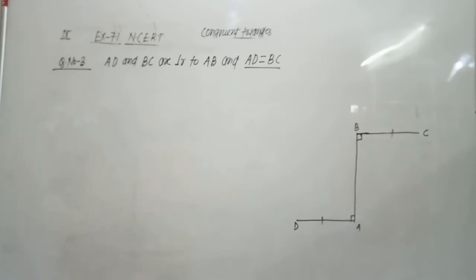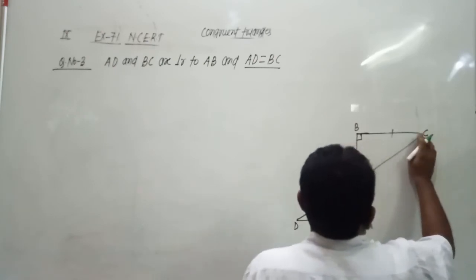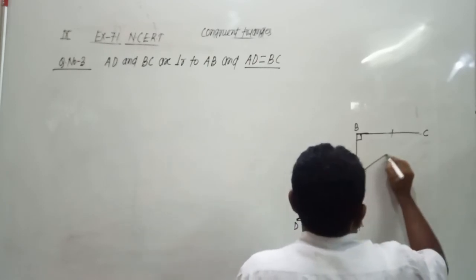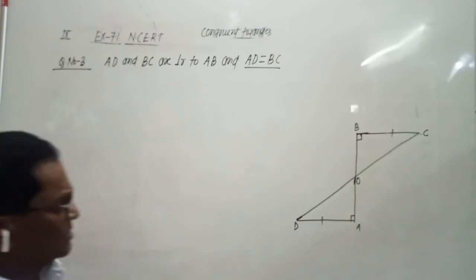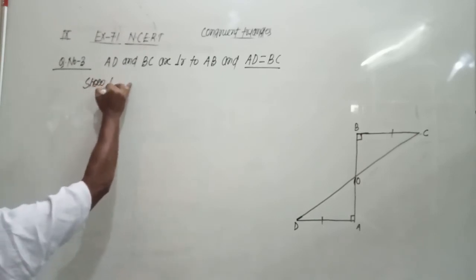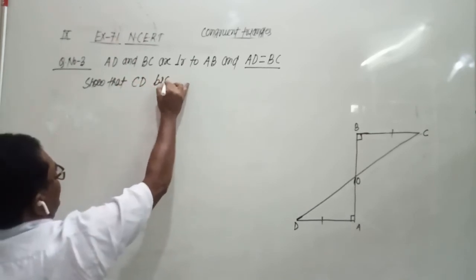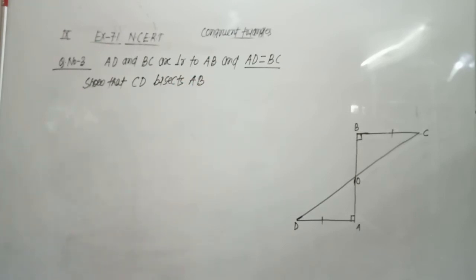Show that CD bisects AD. Join C to D and name the intersection point O. We have to prove that side CD bisects AD.